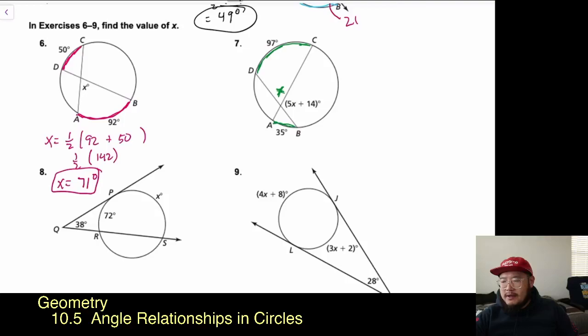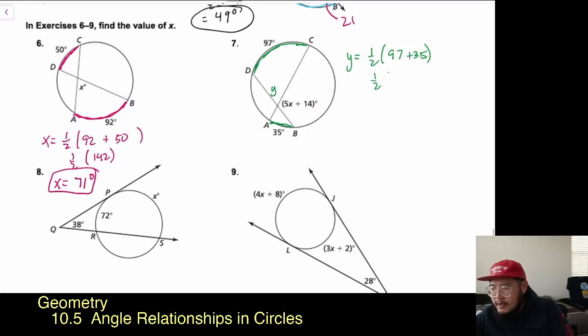And actually, instead of making that X, let me change that to Y. So if we use our equation, angle Y is equal to 1/2 times 97 plus 35. So we could figure out what that angle happens to be. We get 132, and you need to take half of 132, and Y is equal to 66.